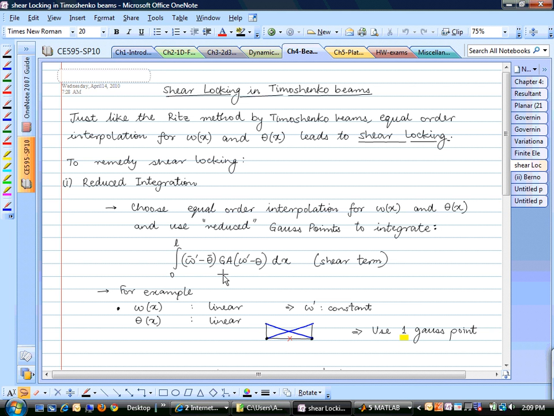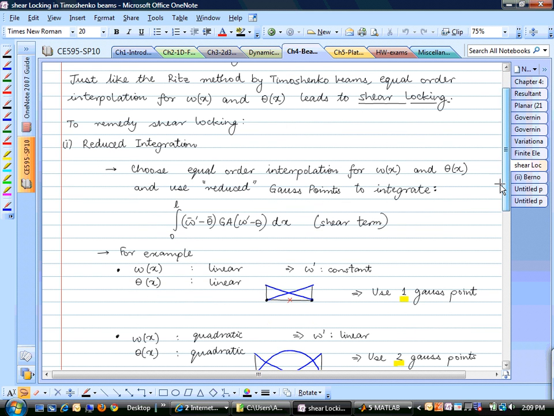But when we are integrating the shear term along the length of the element, we will choose an interpolation order which is appropriate for w. So if you remember, if you use equal order interpolation, let's say linear for w and linear for theta, in that case w prime would be constant, theta would be linear.